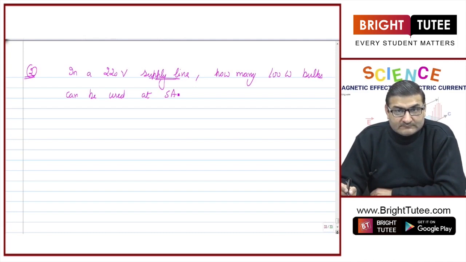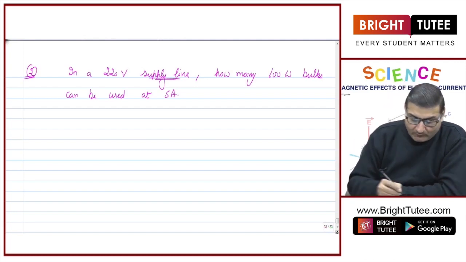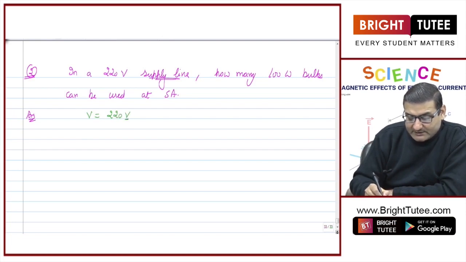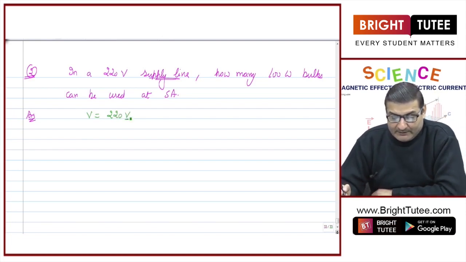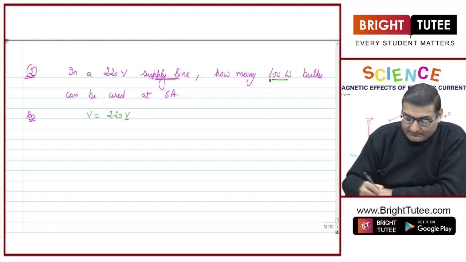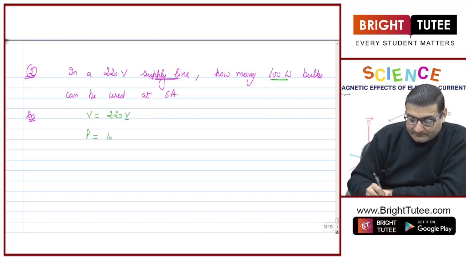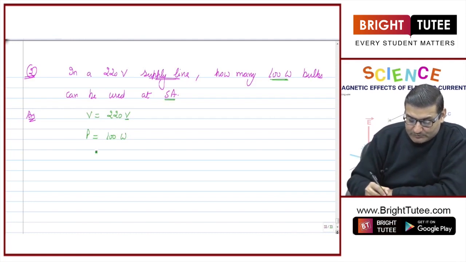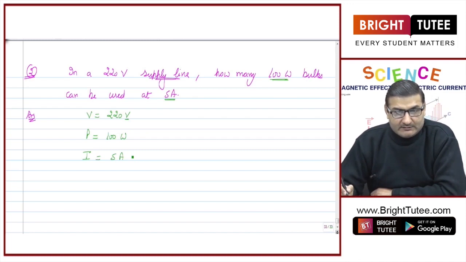Try to read the question. What is given to us is that the supply line is of 220 volts. That means potential difference is given to us. There is a bulb, the power rating of the bulb is 100 watts, and the amount of current allowed by the fuse is 5 amperes.